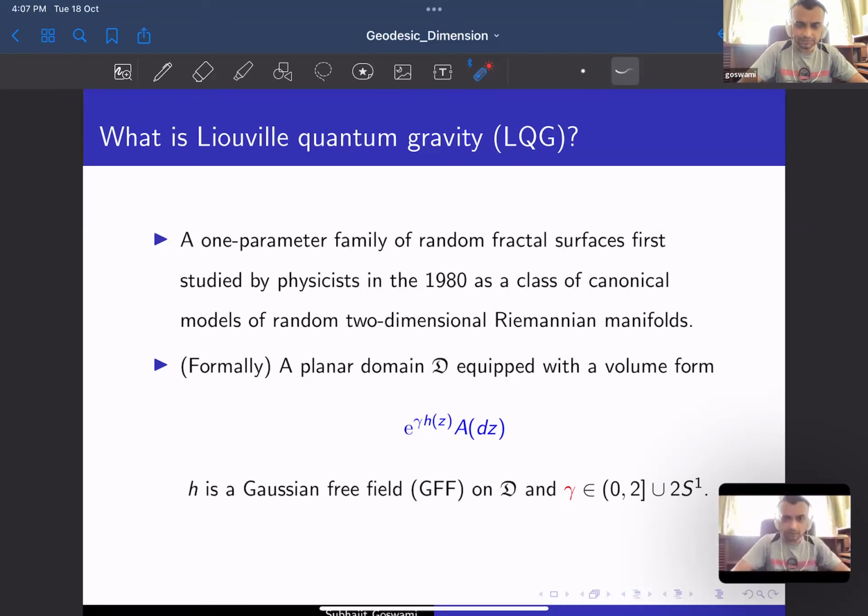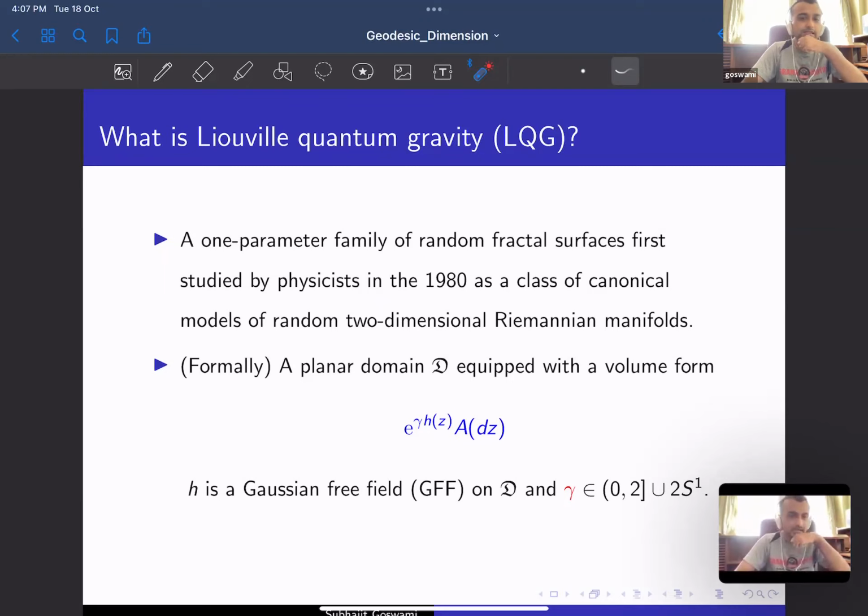So what is it? Formally speaking, imagine you have a surface. You can imagine the sphere, but imagine the complex plane equipped with a volume form, which is essentially conformal to the background metric, your flat metric, but the conformal factor is given by exponential of gamma times h.